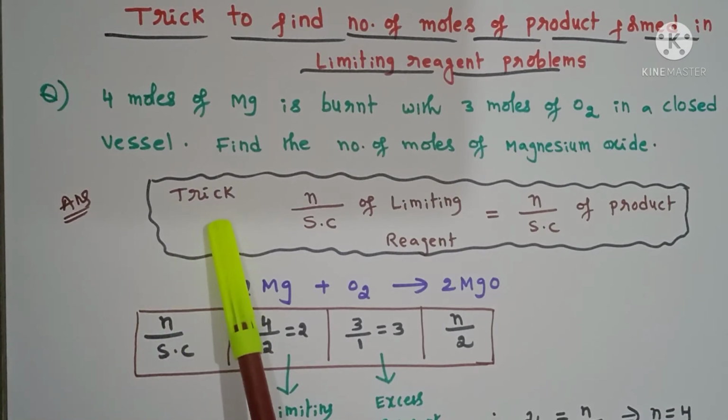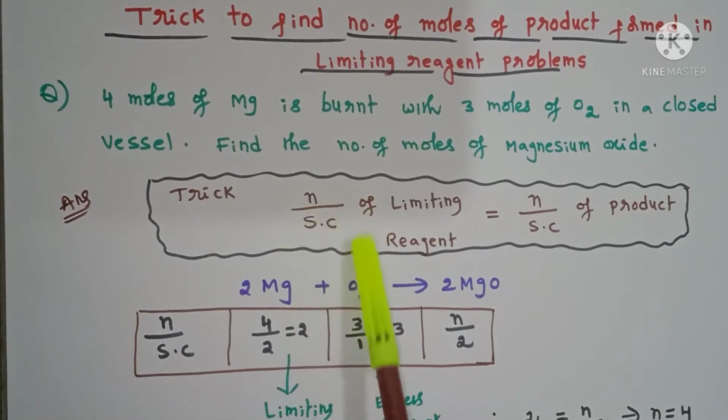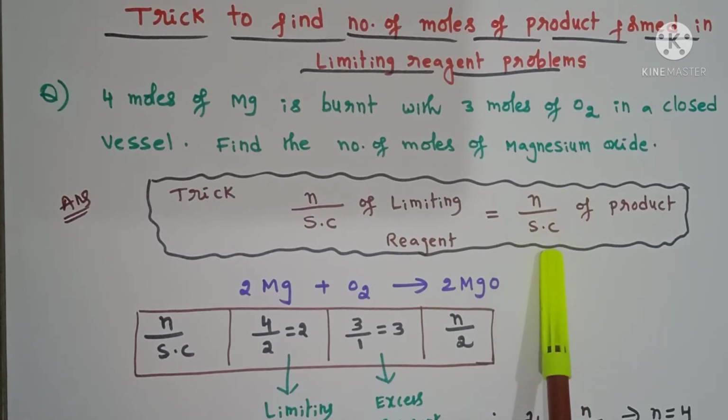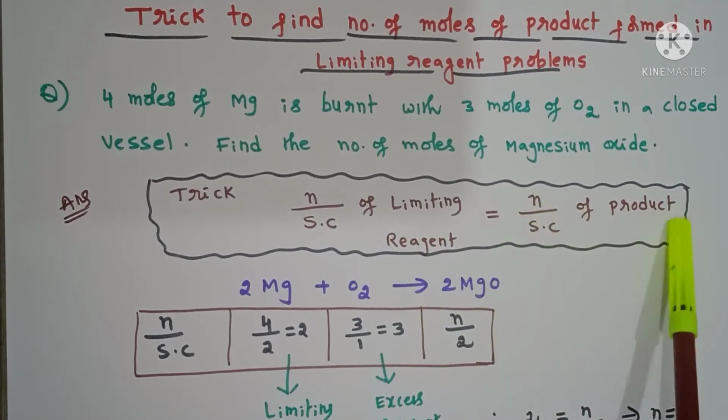So the trick is N by Sc of limiting reagent is equal to N by Sc of product, because in limiting reagent problems the formation of product depends on the limiting reagent.